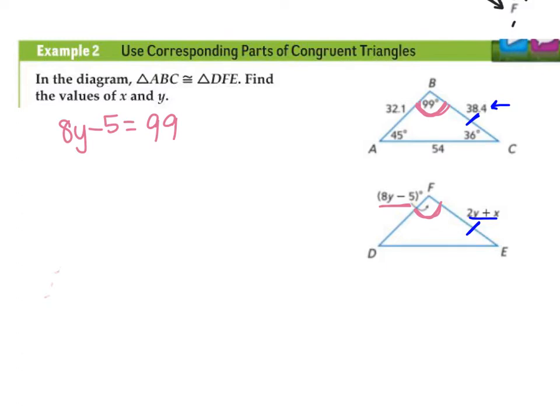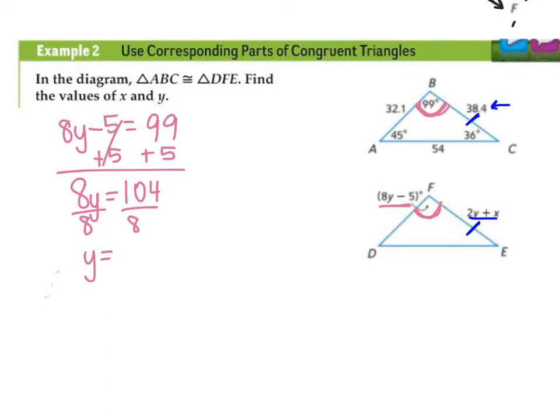Corresponding angles are congruent. So since we know that these are congruent, we're just going to set them equal to each other and solve for y. We get 8y equals 104. Divide both sides by 8, and then we get 13.